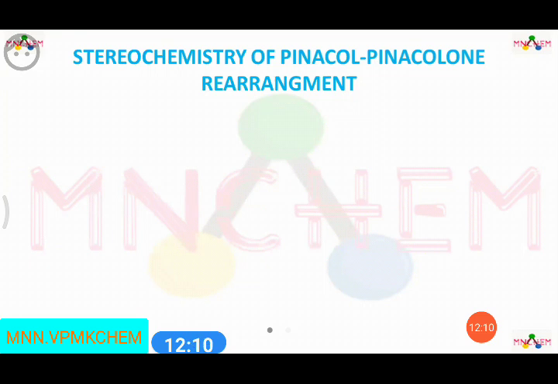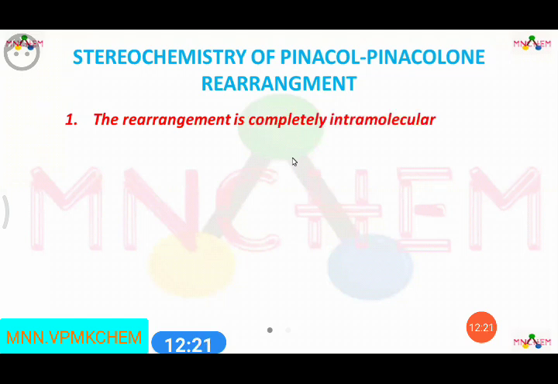Now we are going to discuss the stereochemistry involved in the Pinacol-Pinacolone rearrangement reaction. This rearrangement is completely intramolecular in nature. Rearrangement reactions can be classified broadly into two types, intramolecular and intermolecular.